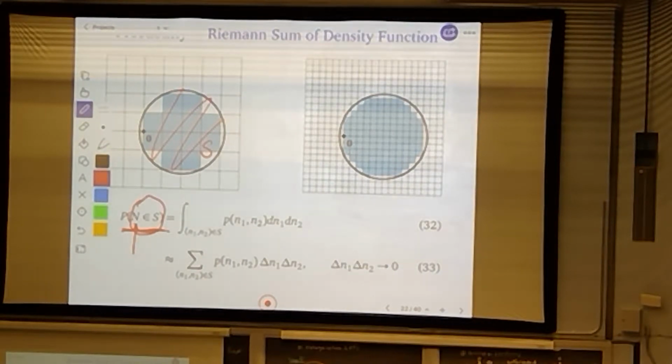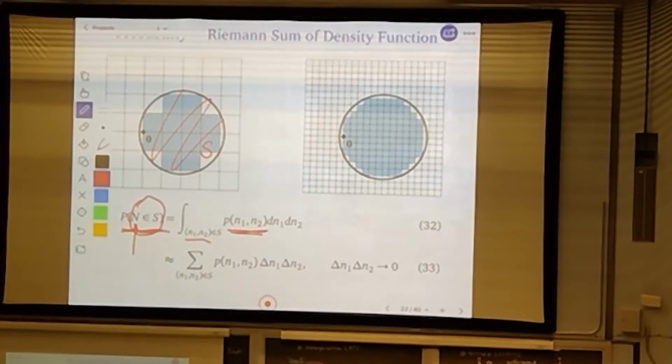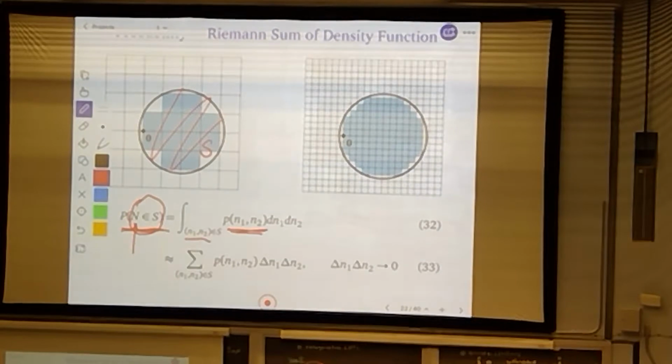So by definition, this is the density. I have to integrate the density over this area, and this can be discretized using a Riemann sum. Essentially, I quantize the density function by this grid.